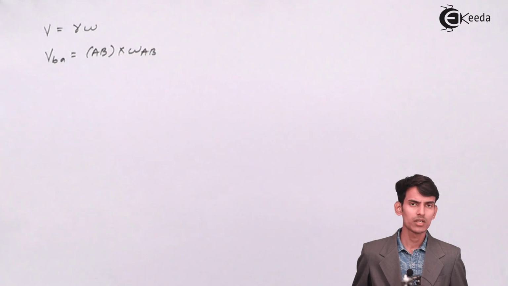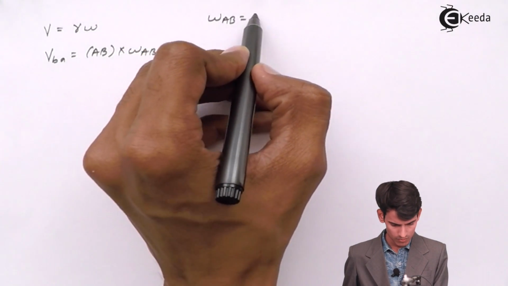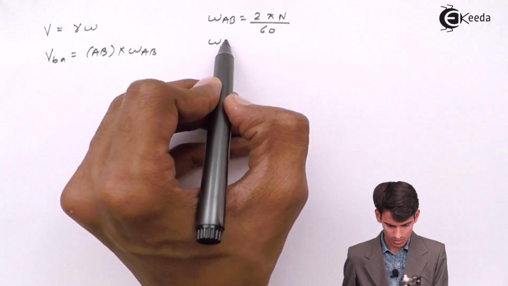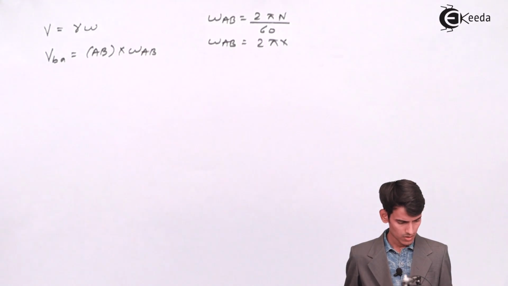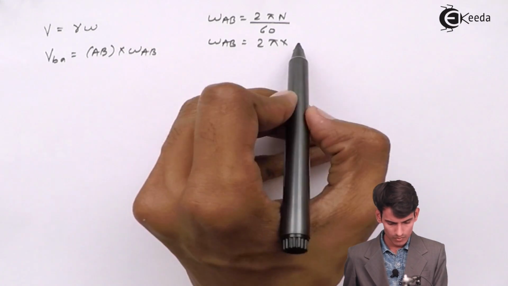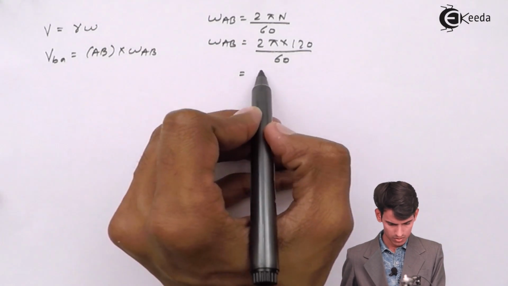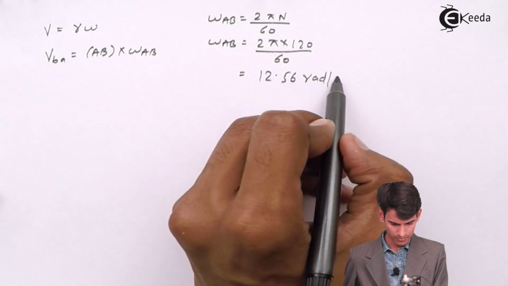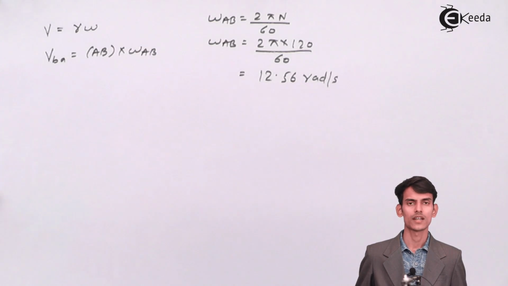Omega AB can be calculated using the formula 2 pi n by 60. So the value of omega comes out to 12.56 radians per second.